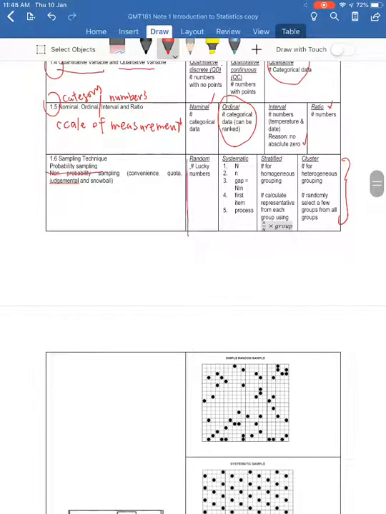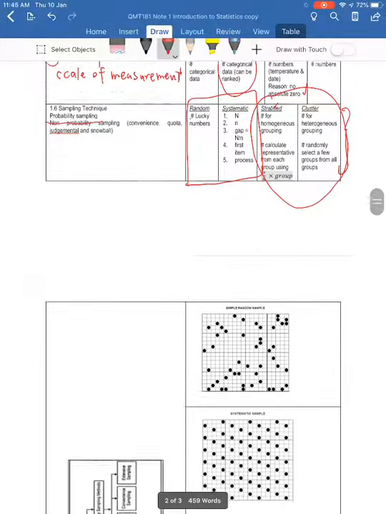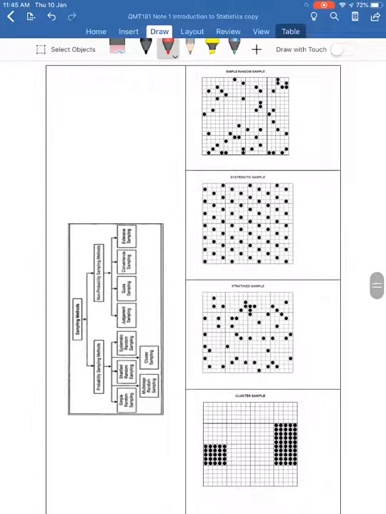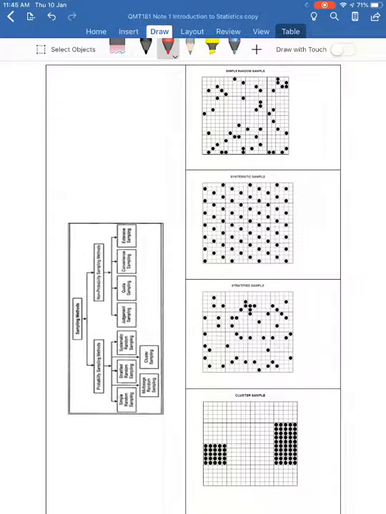The first two are for ungrouped populations, meaning the population is not in groups. If there are groups, you will use stratified or cluster. This is the illustration for each sampling technique. Simple random, obviously the pattern is random. Systematic is systematic, right? Stratified and cluster are for those with grouping.